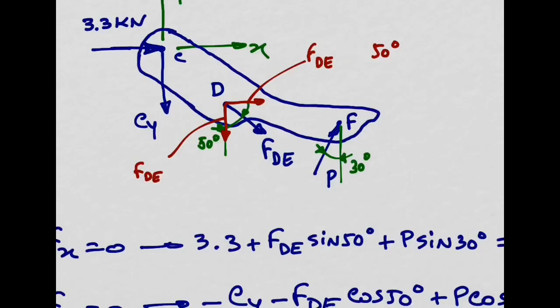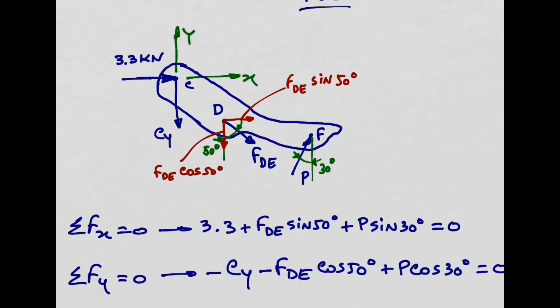This is sine here. This was a test. I wanted to see if you were paying attention. No, it was not. I'm kidding. My mistake. Cosine of 50 degrees. So instead of working with force FDE in blue, I can work with the components in the x and y direction. Why did I do this? Because it's easier for the moment to get the distance in the perpendicular directions.